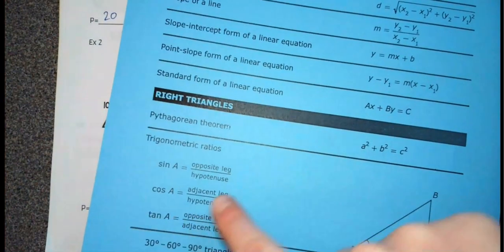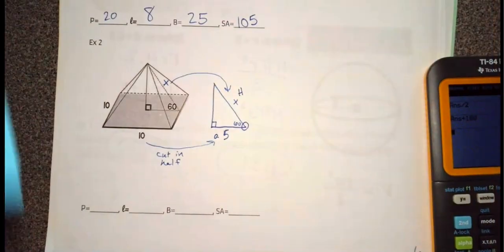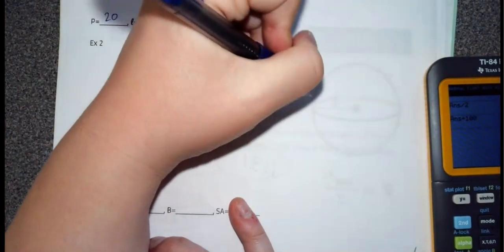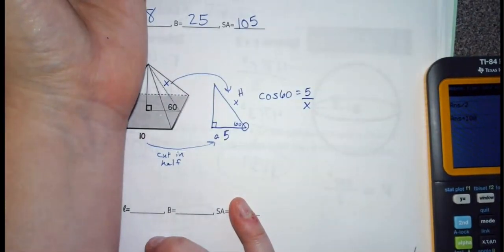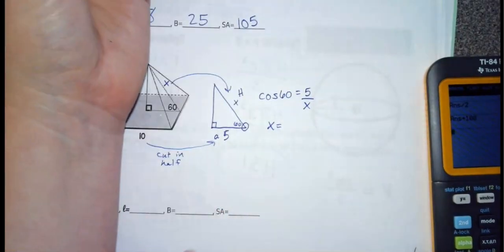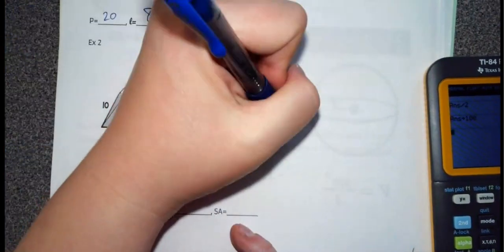So caught another hippie gives us cosine of adjacent over hypotenuse. So the cosine of our angle, which is 60, equals 5 over x. And so when x is on bottom, we're going to divide, because essentially you're just switching the x and the cosine of 60.